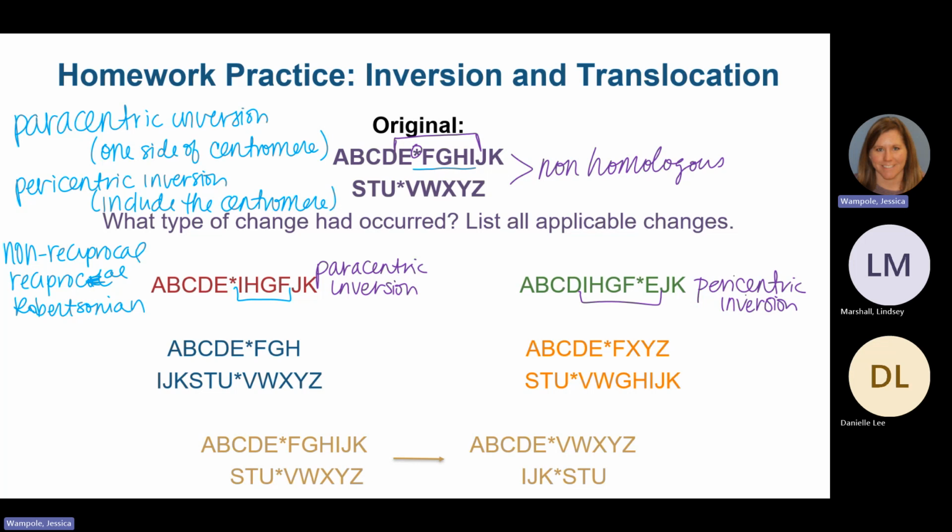The non-reciprocal. Non-reciprocal, very good. So non-reciprocal, because we have the IJK moving down to this chromosome. So we get the translocation from the top chromosome to the bottom chromosome. So this is going to be your non-reciprocal. Very good. How about the orange one, the one on the right?